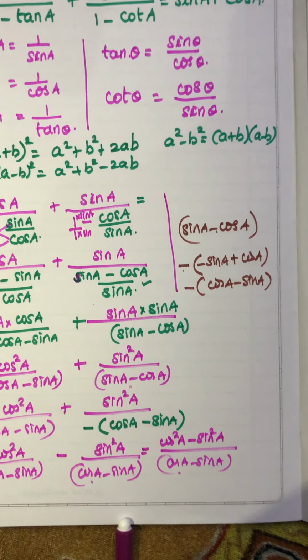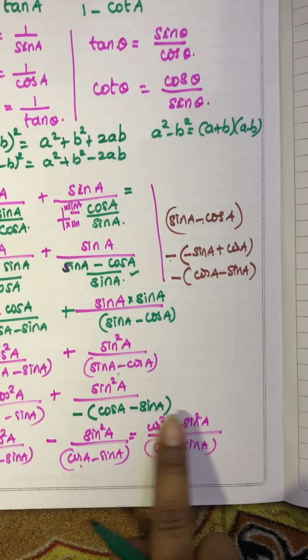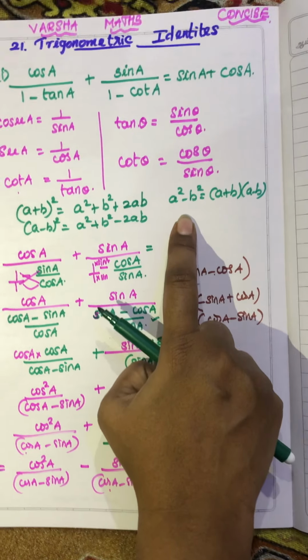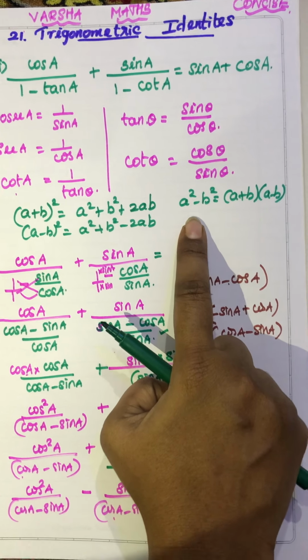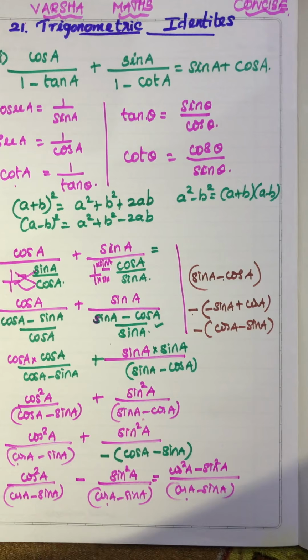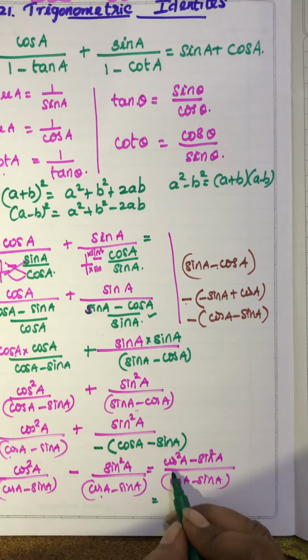Okay, students, see, this is an algebraic identity. What is that identity? a square minus b square, which can be written as a plus b, a minus b. So what is our a?